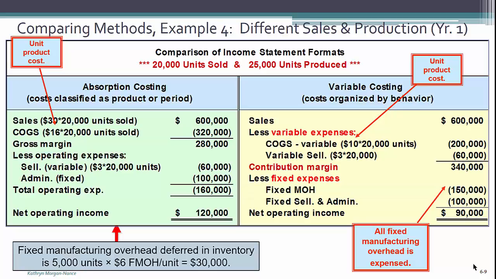In contrast, all fixed costs are treated as period expenses under variable costing. And this slide highlights the reason some managers employ variable costing to explain results. Managers want to evaluate whether a company generates enough contribution margin to cover fixed costs as they arise. Using variable costing, they can immediately see the impact fixed costs have on the organization's profitability because there's no opportunity to defer fixed manufacturing costs to future periods.